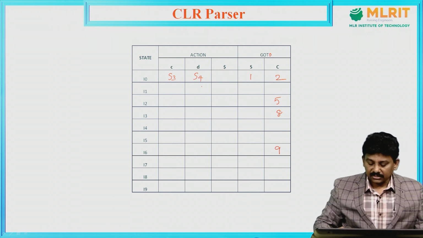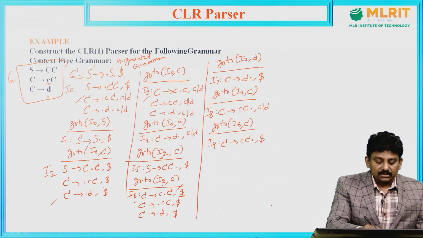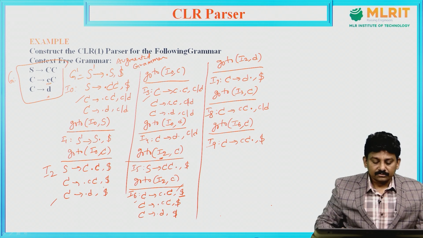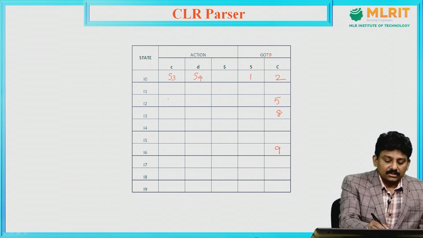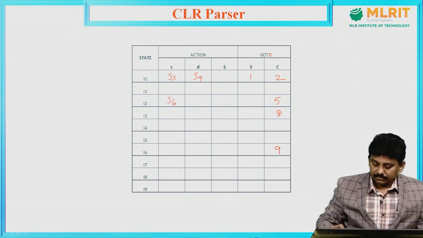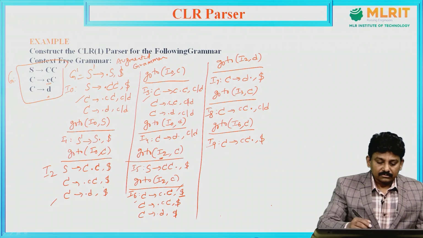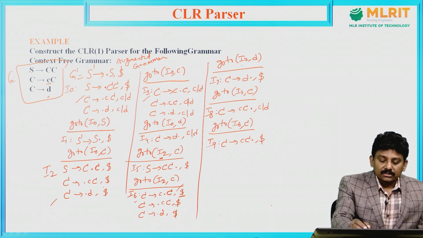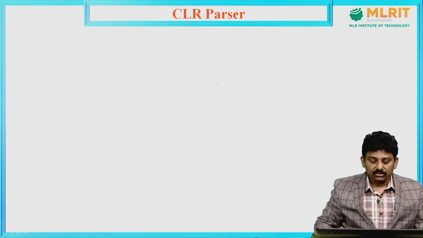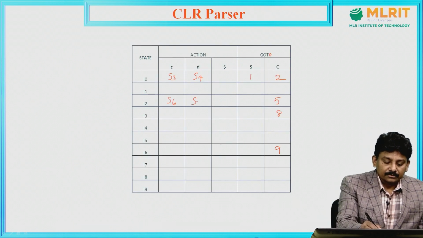Next, I2 on small c: second row under c, write S6. From I2 for d we go to 7, S7, so row 2 under d, S7.